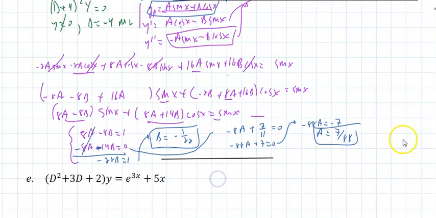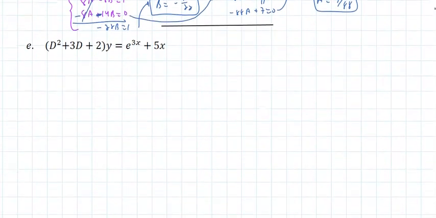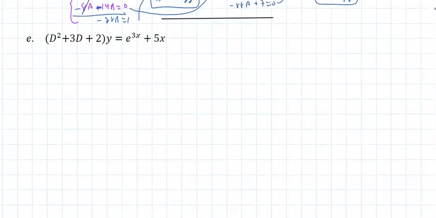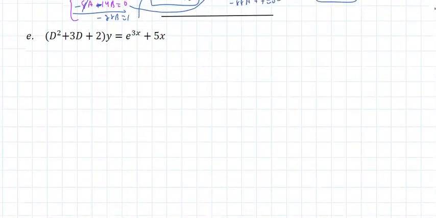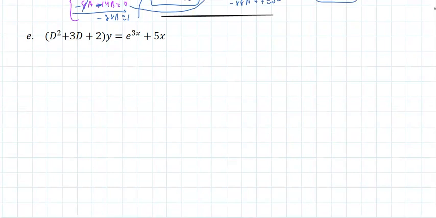How about this problem? Here I will do those individually, and let's talk about that. So first I'll say y equal the complementary plus the particular. The complementary part, I would simply say, well, let this equal 0.